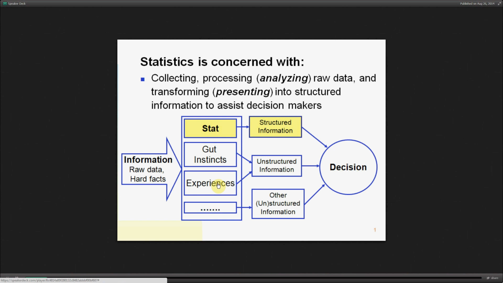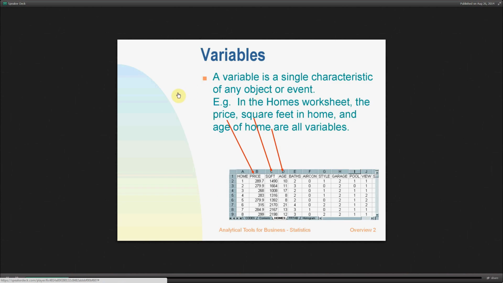Okay. Now, in statistics, the basic unit that we deal with in data is the variable. A variable is any sort of characteristic of an event or an object that we're interested in.